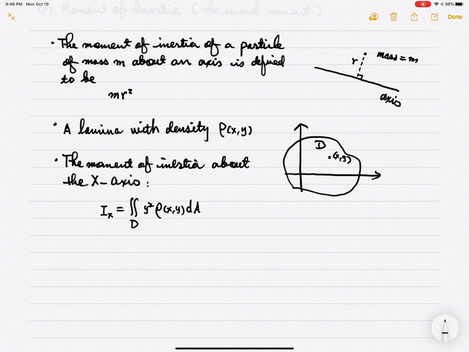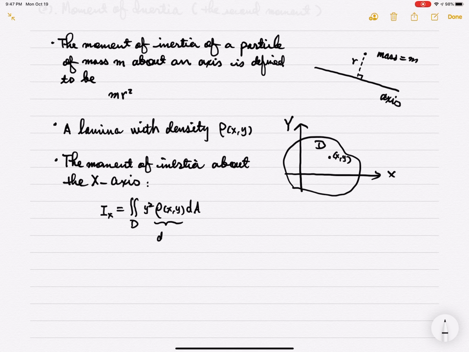Your book has a kind of brief derivation. So you do partition and approximation. You break the lamina into small pieces using rectangular pieces, and then on each piece you pick a point, and you have a density at that point x, y.